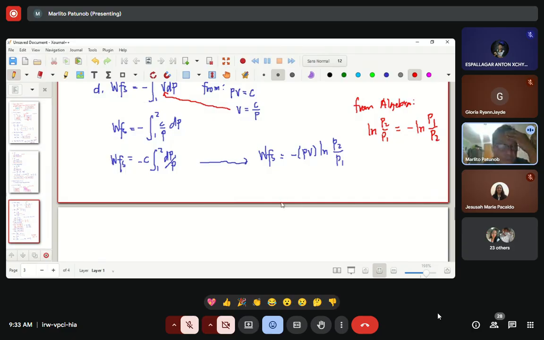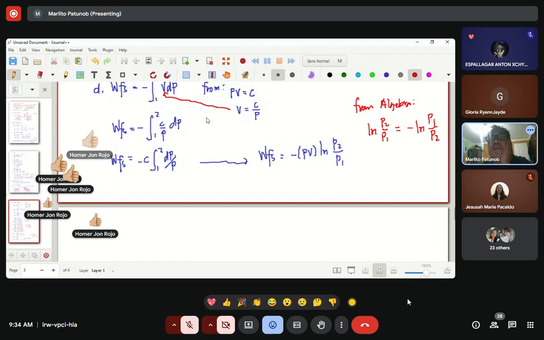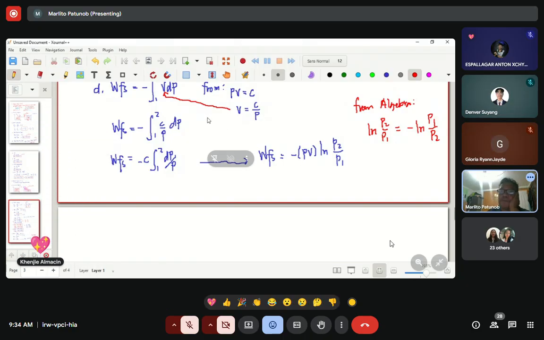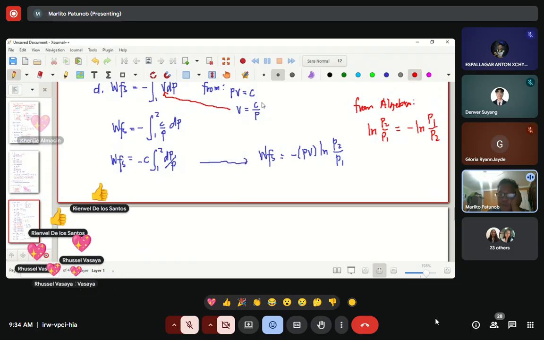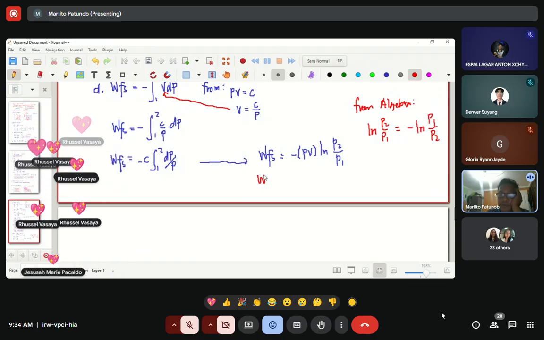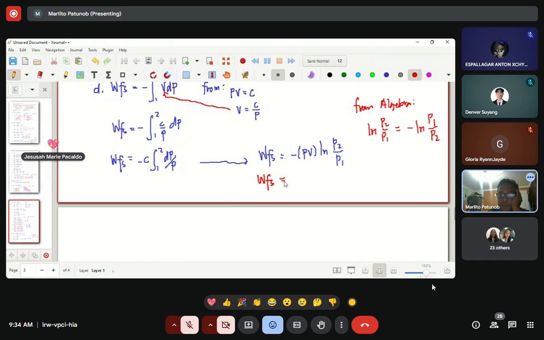Do you agree with me? Anybody? Are you still there? Yes, sir. Okay. So the WFS will be negative PB, negative ln P1 over P2. So negative, negative.